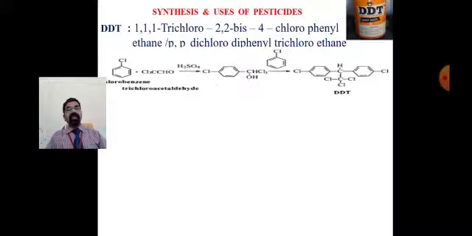DDT can be prepared by the condensation reaction between 2 moles of chlorobenzene and 1 mole of trichloroacetaldehyde, that is chloral, in the presence of concentrated H2SO4 as a dehydrating agent, to form the product known as DDT, as shown in this reaction.